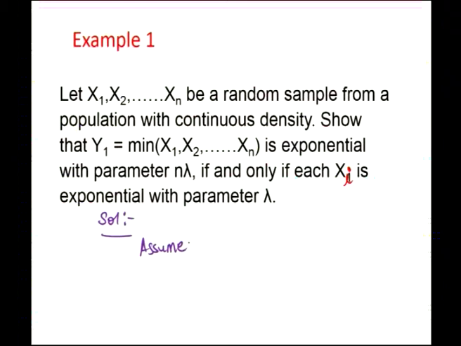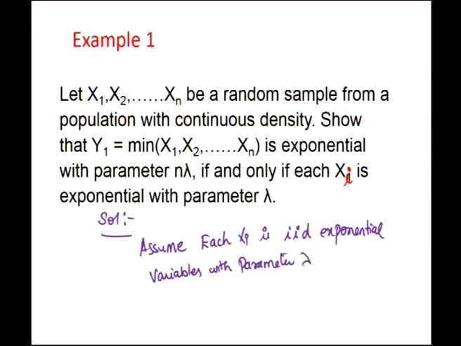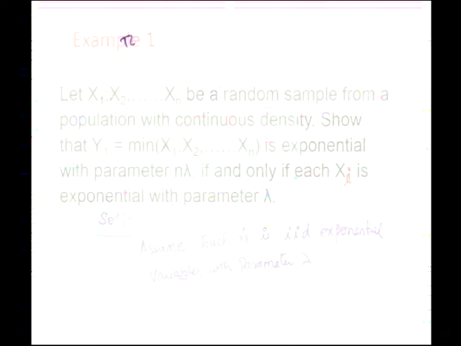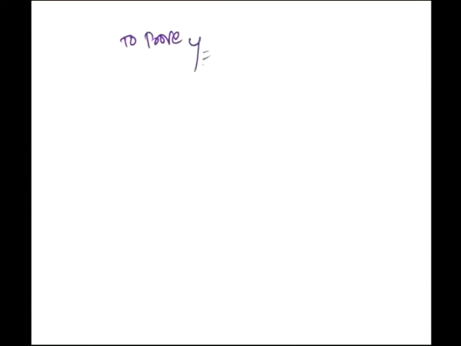First of all, let us assume that each xi is IID exponential random variables with the parameter lambda. Then to prove y1 is equal to minimum of x1, x2 etc. up to xn.